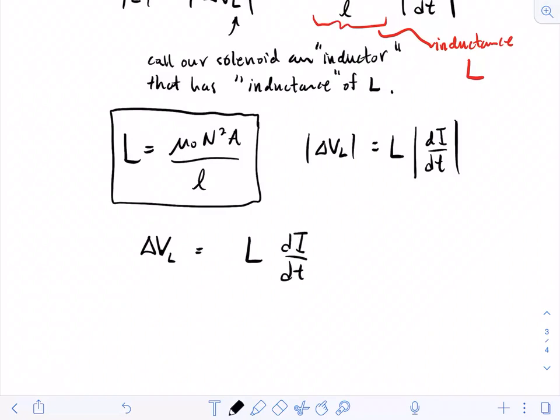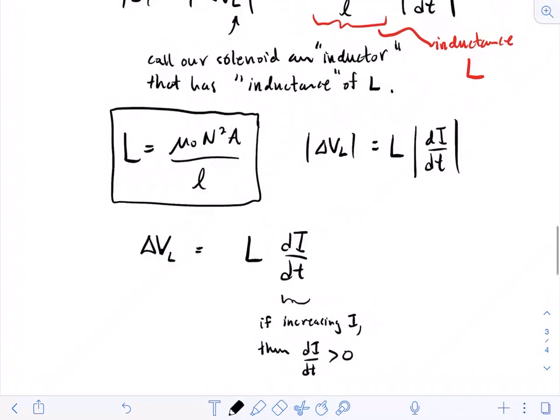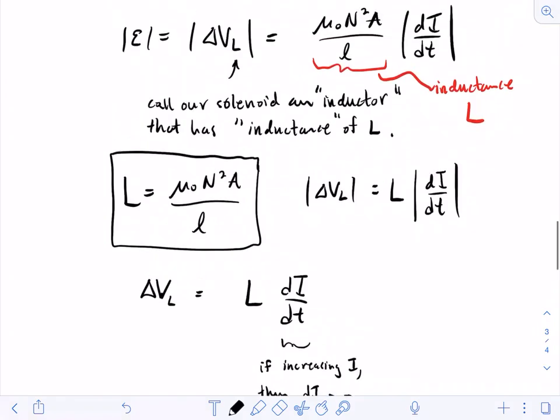And in the case of our example, we said that we were going to imagine an increasing current. So if we have increasing current, then di dt is positive. L is just a bunch of constants that are all positive, so that's positive. And so this delta VL, as it's written now, would be positive.